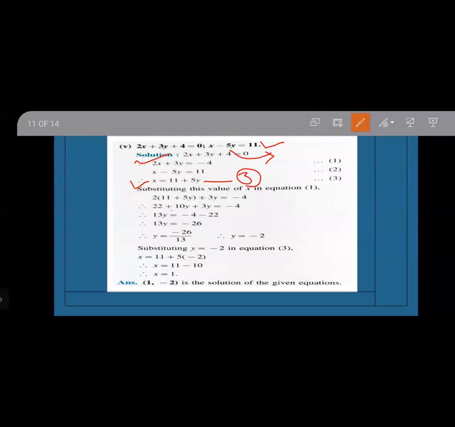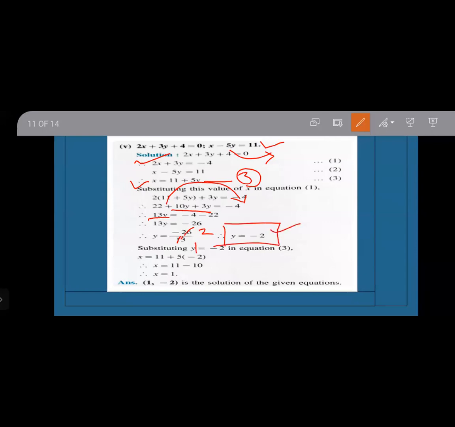Now 10y plus 3y is 13y equal to minus 4, and this plus 22 will become minus 22. So 13y equals minus 26. Minus minus will become plus. And y equals minus 26 upon 13. 13 twos are 26. So y equals what? Minus 2.